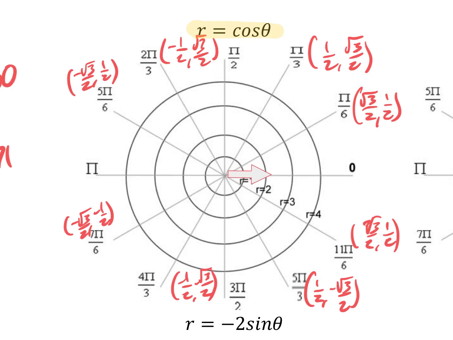This is going to be a pretty small one, because this is cosine, so it's going to be pretty close here. We're just looking at the cosines at this time, so the cosine of this angle.